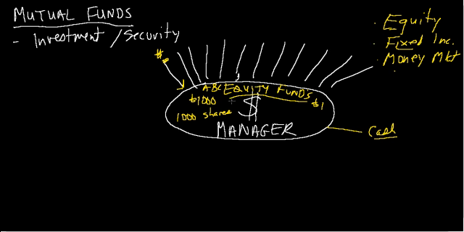And if your fund was advertised as being an equity fund, then you have some expectation that the manager is going to follow the investment policy of that fund and invest the money, at least substantially, in equities. That means the manager is the one who's responsible for being the expert.